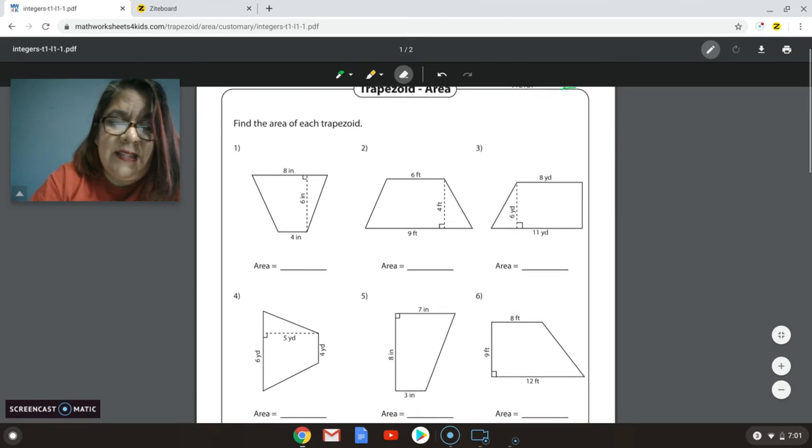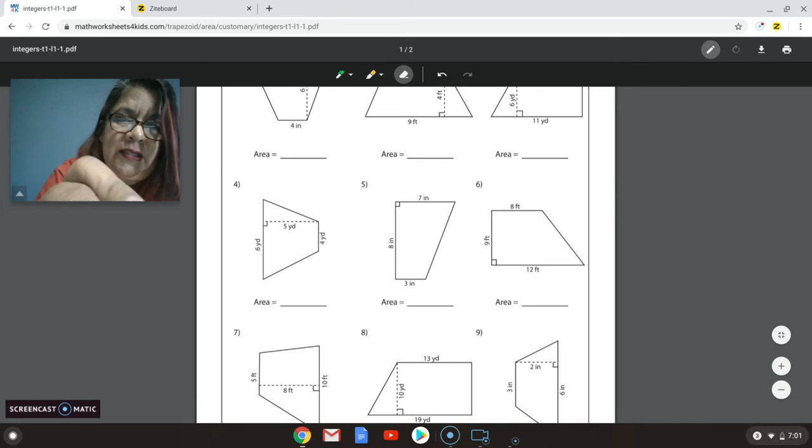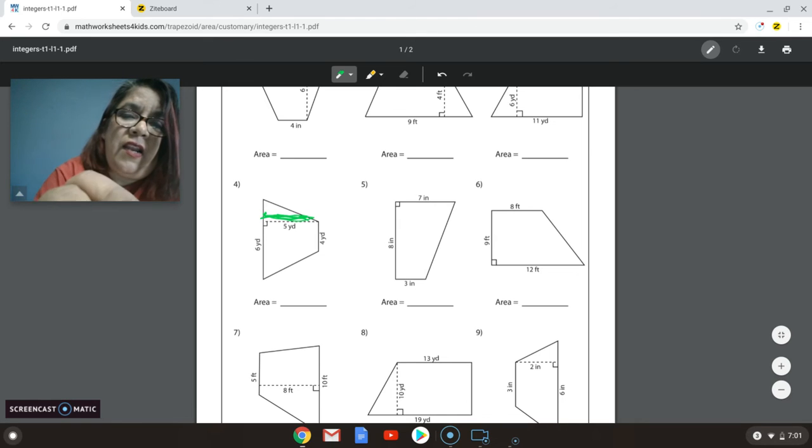Let's do question number 4. We said that the formula was what? Yes, base 1 plus base 2. Let's see, is this 5 yards? Would that be my base? No, 5 yards is not my base. This is my height.